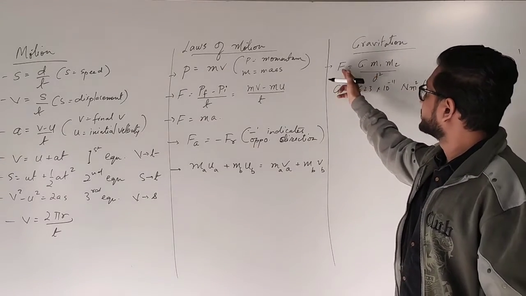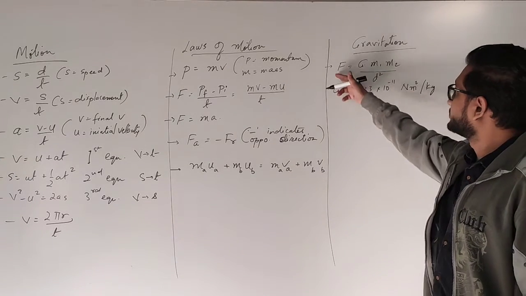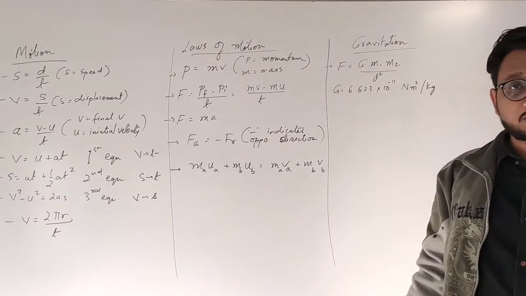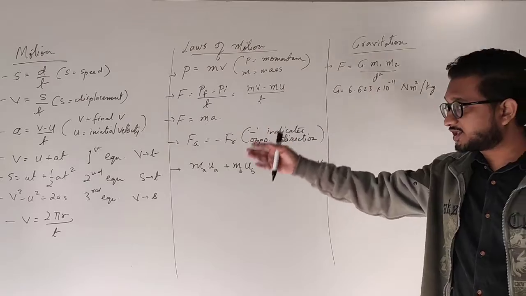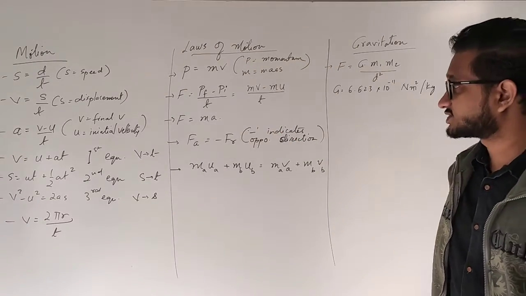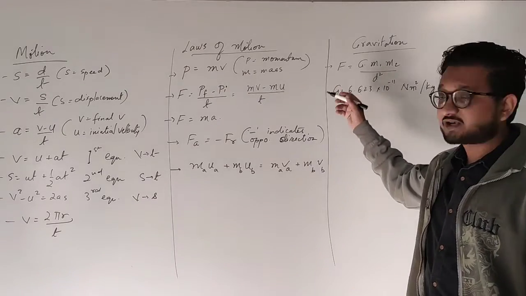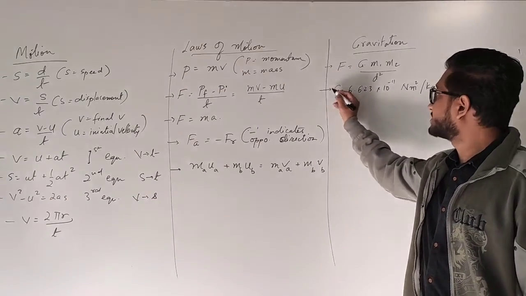Its unit comes from cross multiplication of this, so Newton into meter square upon m1 and m2, that is kg into kg, so kg square. I will mention the units for all of these formulas as well. So this is the force of gravitation, the value of gravitational constant.